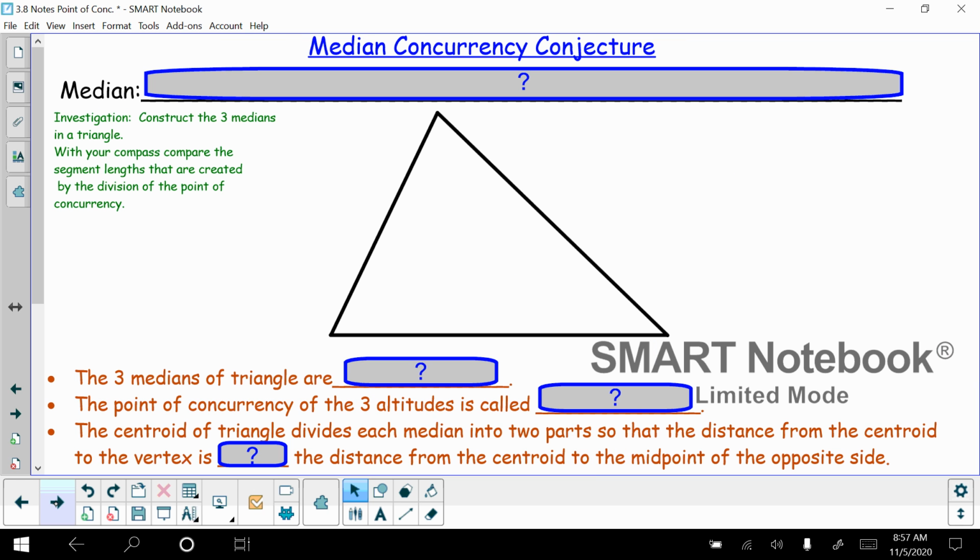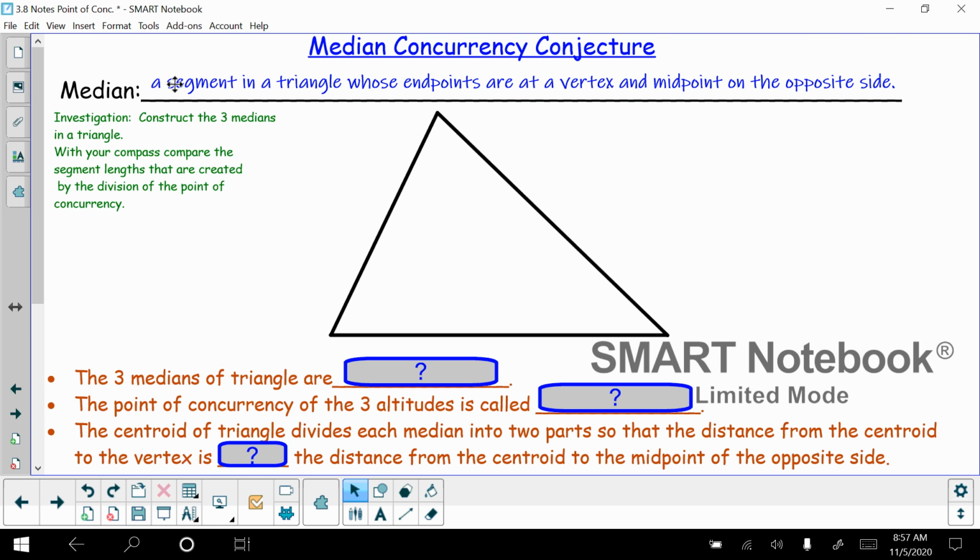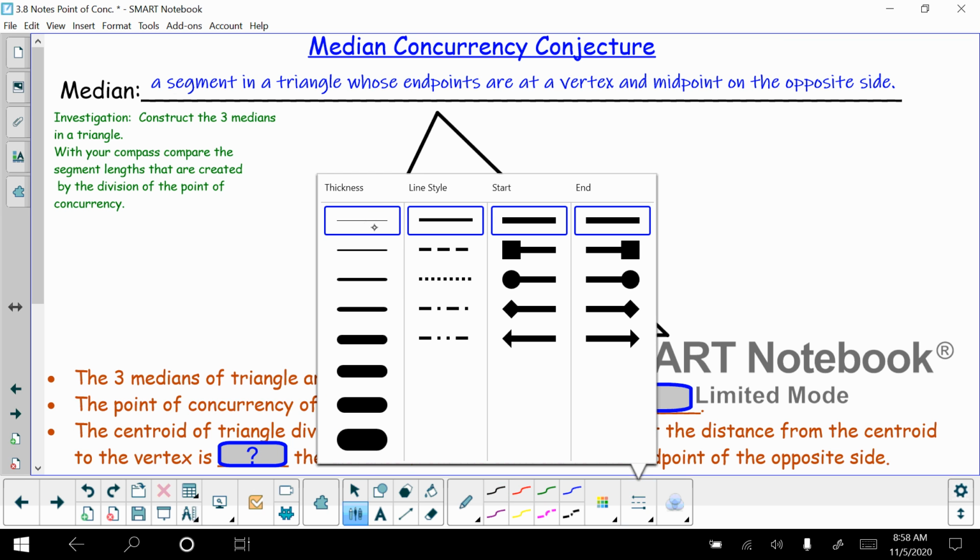All right, let's go to the next investigation. This one is called the median concurrency. If you don't know what a median is, let's write that definition down first. It says a segment in a triangle whose endpoints are at a vertex and a midpoint of the opposite side. Let's draw that picture real quick so you have an idea of what this is saying.